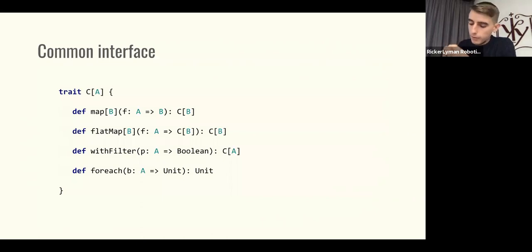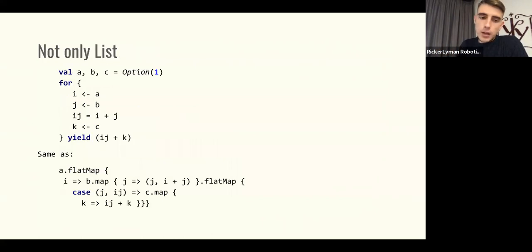So whenever we have a class of objects which have these functions defined within it, we can use that object within a for comprehension. And as I said, not only list, we can use it with options as well. So this is a very convenient way of dealing with options or others, for instance.